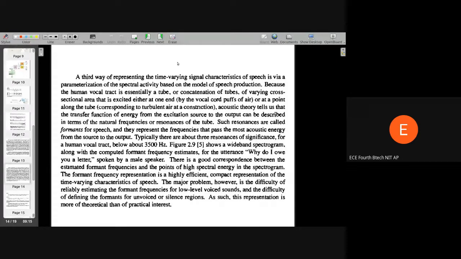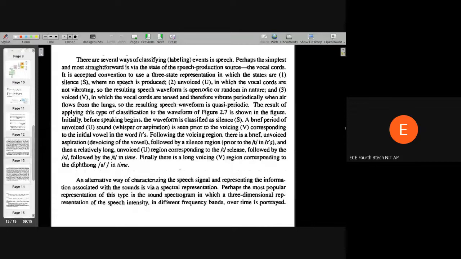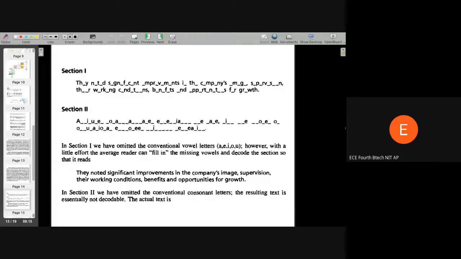Then we discussed a little bit about formants, or vocal tract resonances. What are vocal tract resonances? The vocal tract from the glottis to the mouth is like a tube of uneven cross-sectional area.